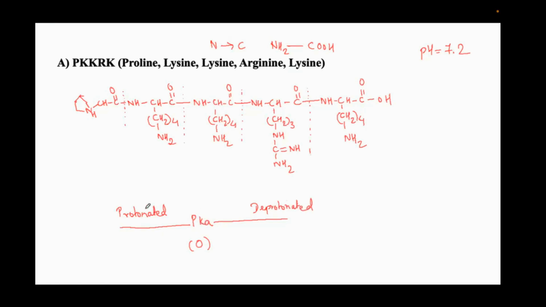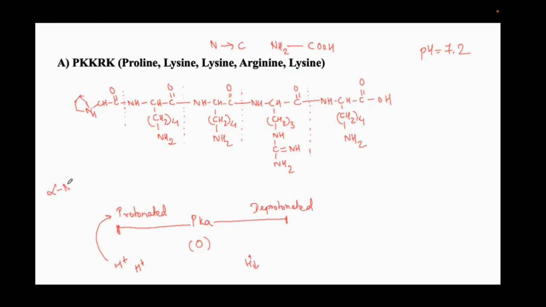When the pH is less than pKa, there will be a large number of H plus ions, and thus all the species will get protonated. Similarly, when the pH is greater than pKa, the H plus ions will decrease and the species will get deprotonated.